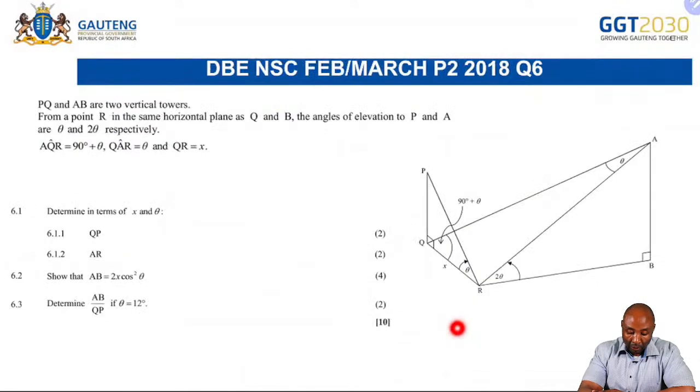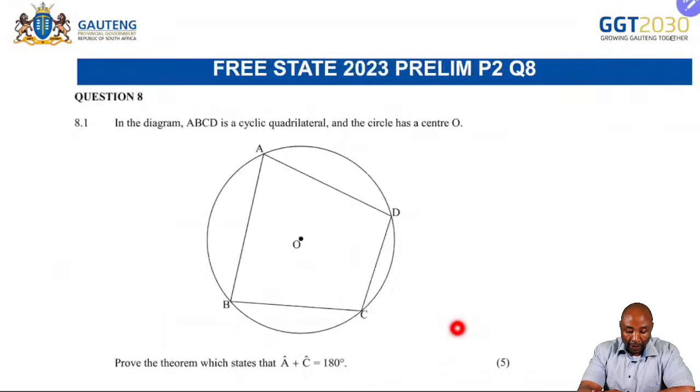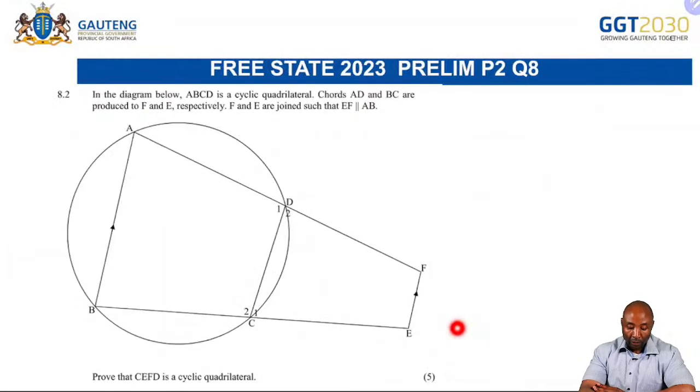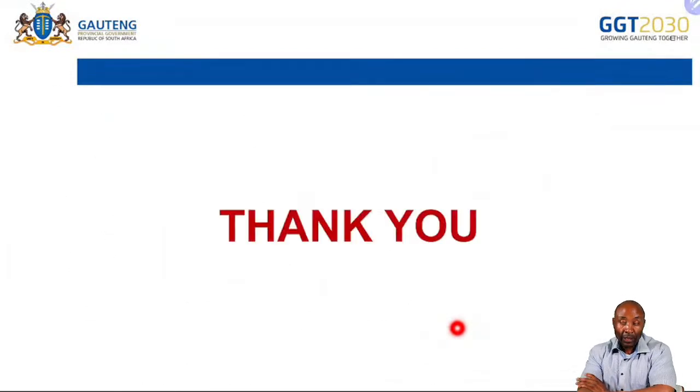And then we also have the applications from February-March 2018, question 6. And then we also have the Free State prelim paper 2, question 8, the 2023 one, to prove the opposite angles of a cyclic quad. We have that question also to look at.